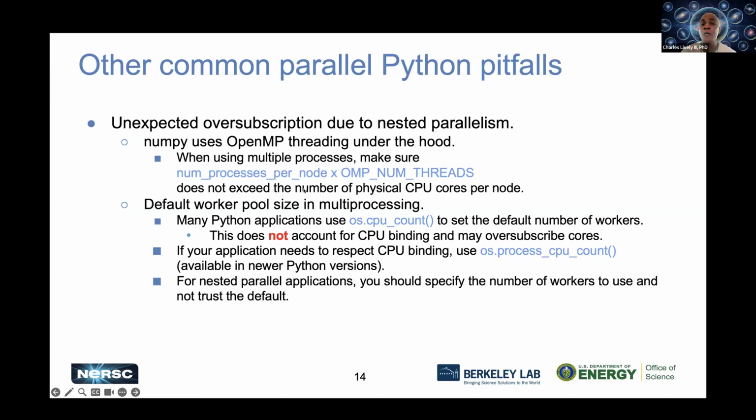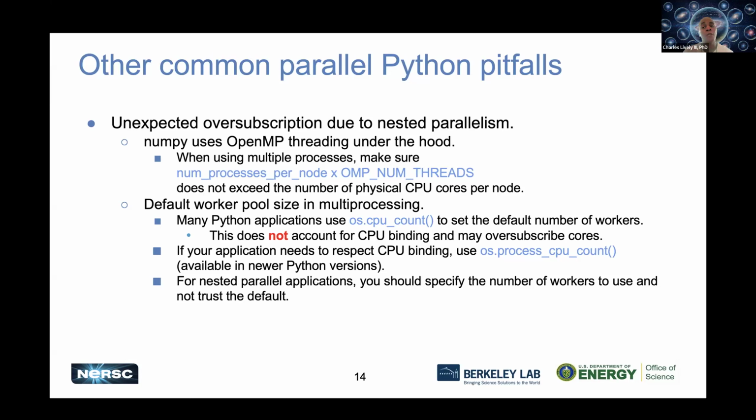Some other common parallel Python pitfalls that users can unknowingly fall victim to: when you're doing nested parallelism, you can have oversubscription of resources. What we mean by oversubscription is that you are requesting more resources than are physically available for you to use.